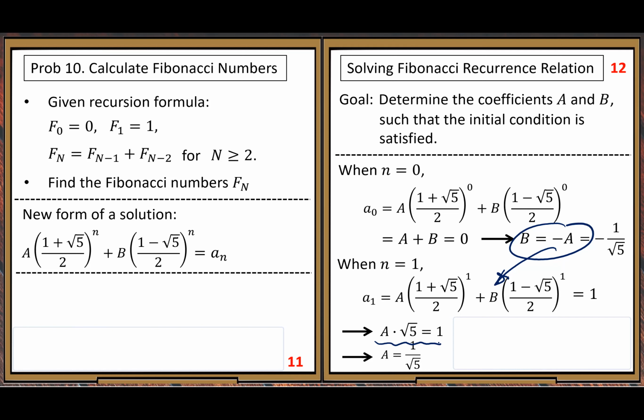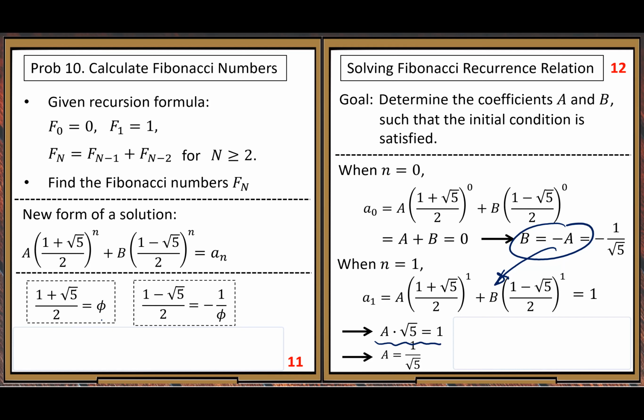Now we have determined the values for A and B, so you can put them back into the original formula. So we get our Fibonacci number formula. To write the formula, this time we can replace 1 plus root 5 over 2 with the golden ratio expression phi.